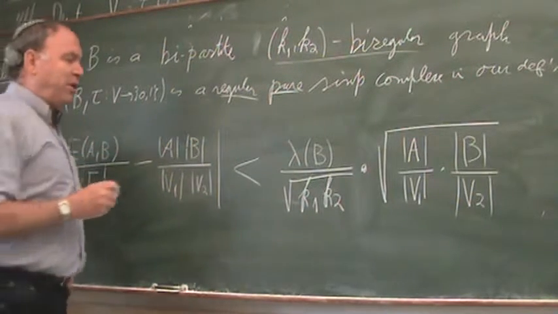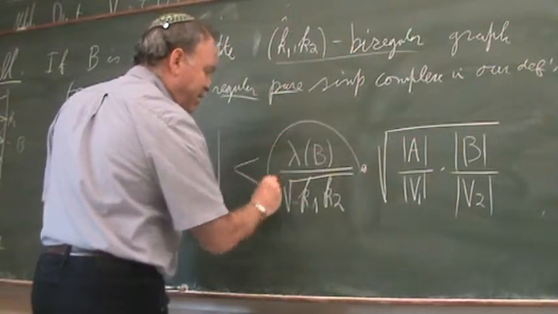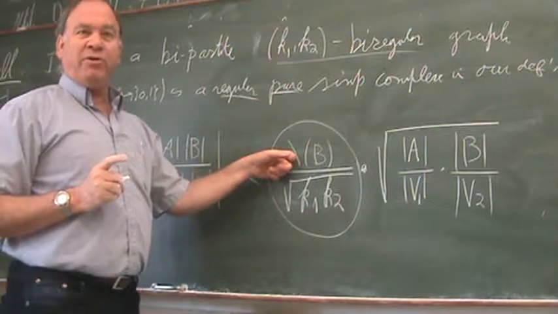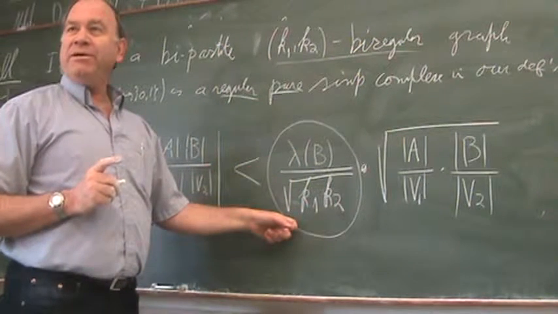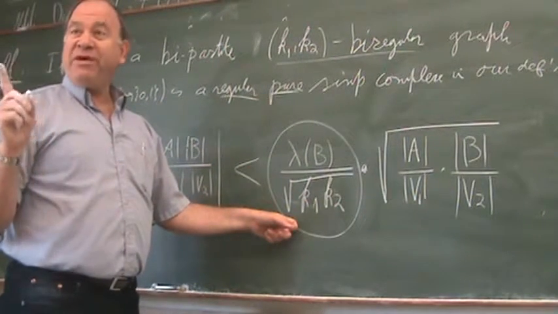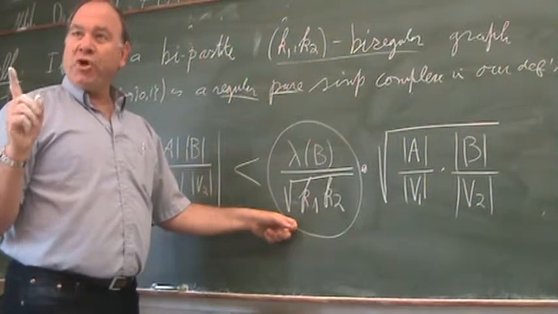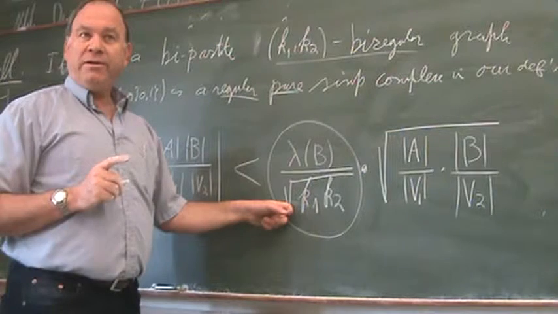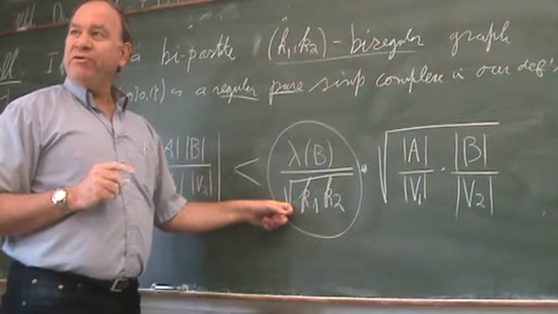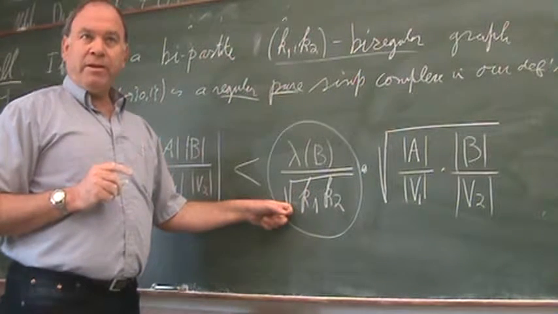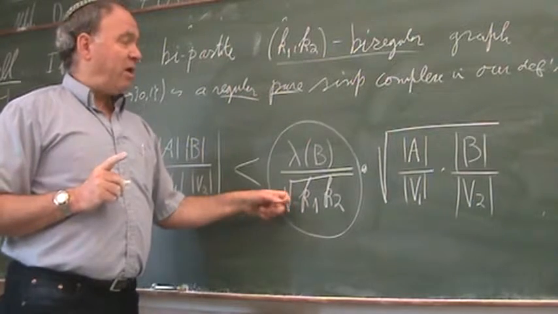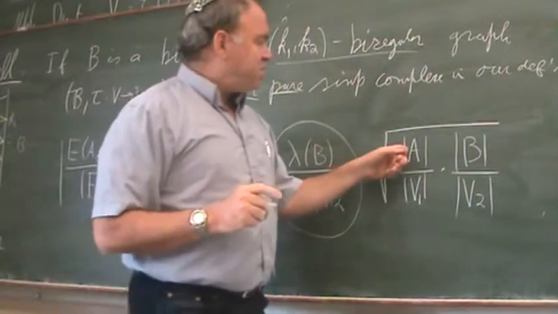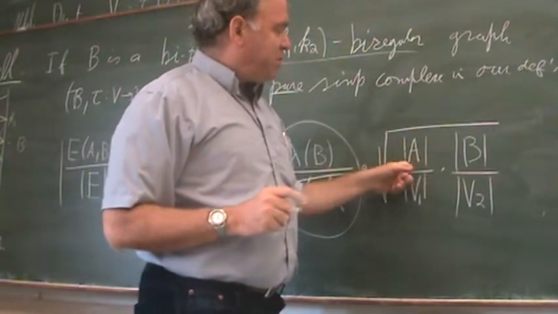And this is bounded by this ratio, which is, let me remind you, the second eigenvalue divided by the first eigenvalue. Remember? We showed that this is the first eigenvalue of the bipartite graph. Now this is a square root of numbers which is less than 1.